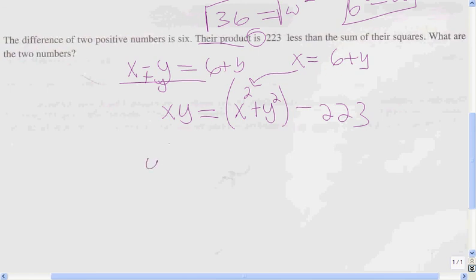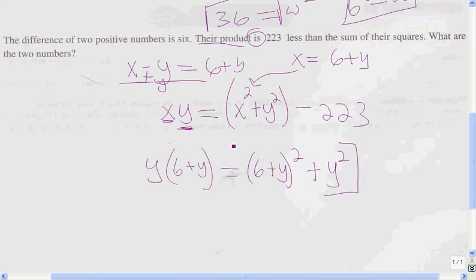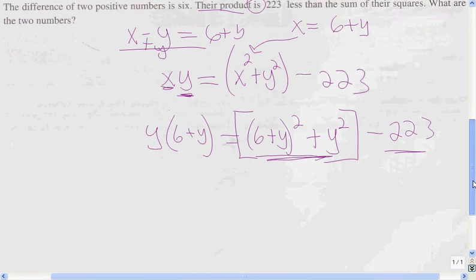So I got y times 6 plus y, because that's what x is, equals 6 plus y squared plus y squared, I'm going to put this in brackets, minus 223. Now you don't need to put it in brackets, but I want to make sure that I do this first and then subtract the 223.